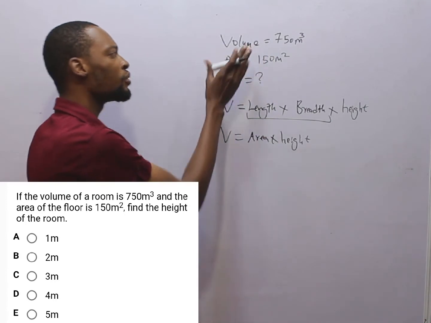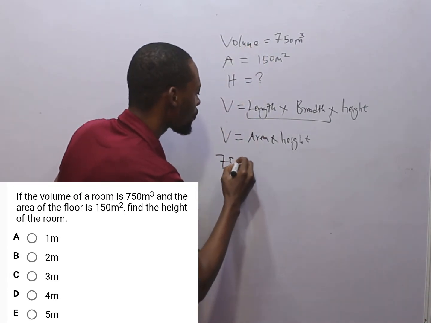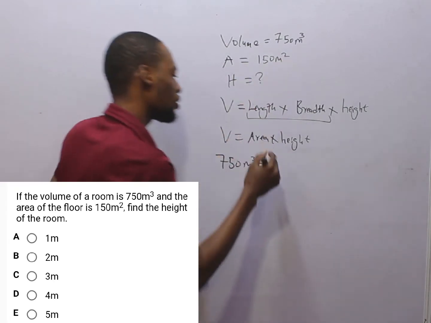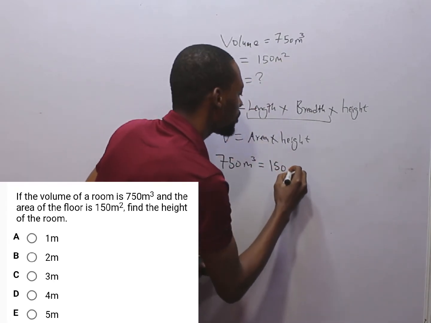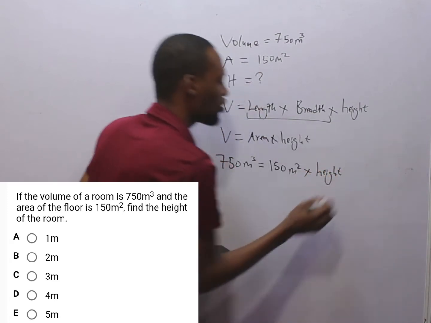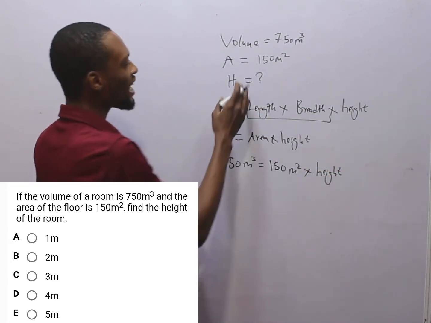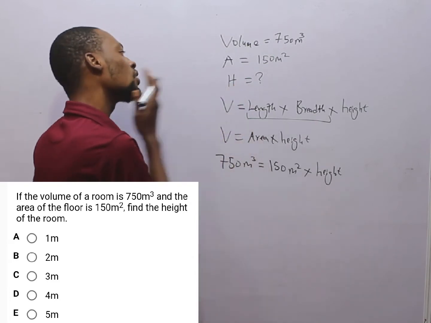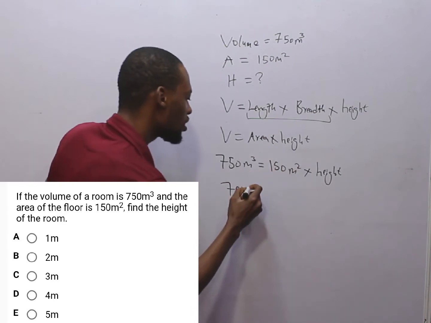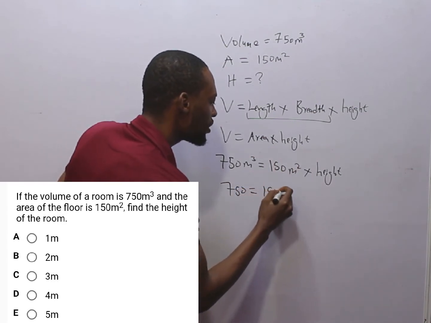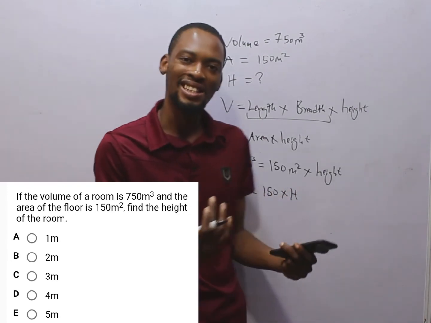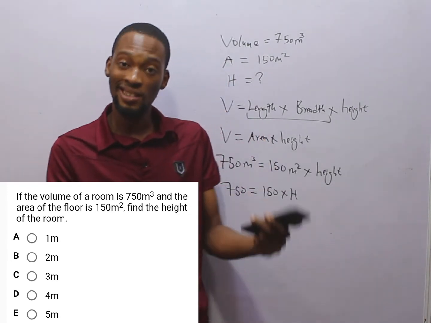We are given volume to be 750 meter cube. This is equal to, we are given area to be 150 meter squared, times height. If we represent height with h like we did here, it simply means that 750, removing the units, is equal to 150 times h. And what is 150 times h? It is 150h.